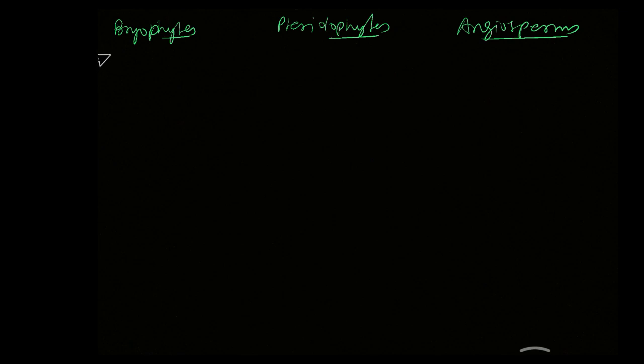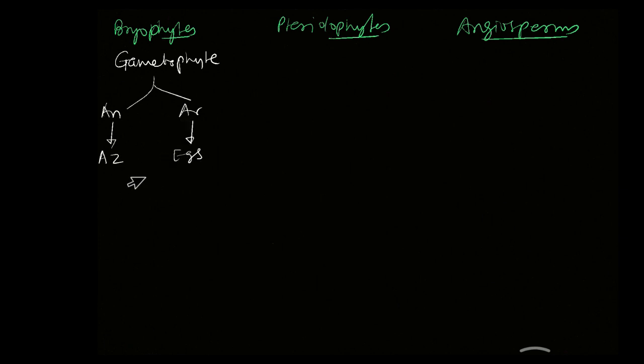The main plant body is gametophyte. This gametophyte produces the antheridium and archegonium. In the antheridium, antherozoids are produced, and in the archegonium, eggs are produced.